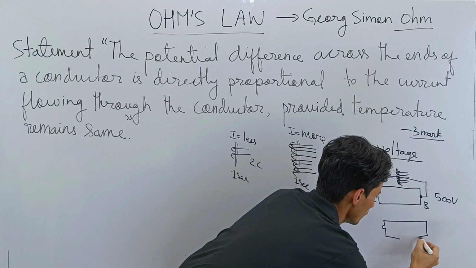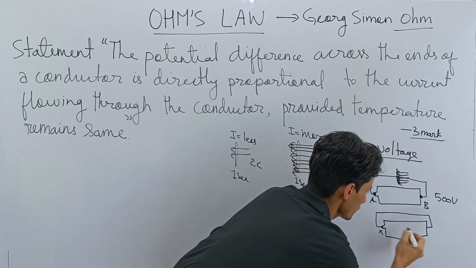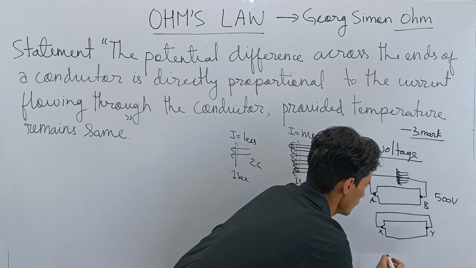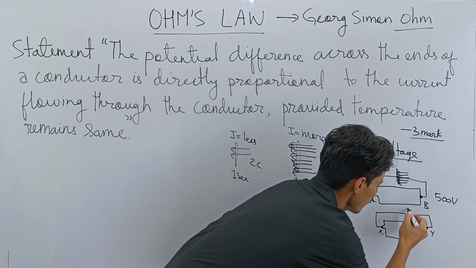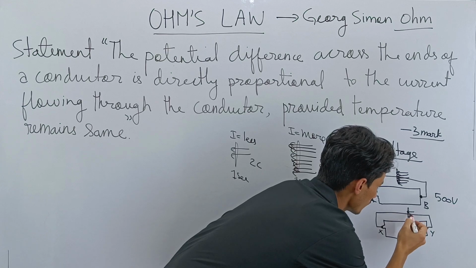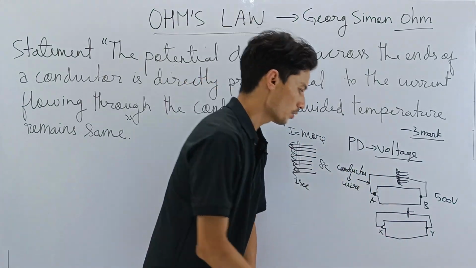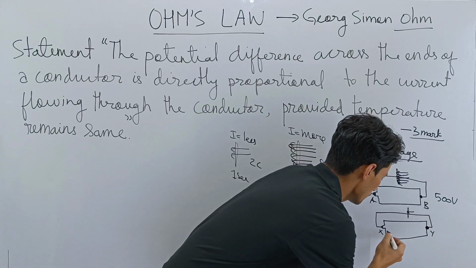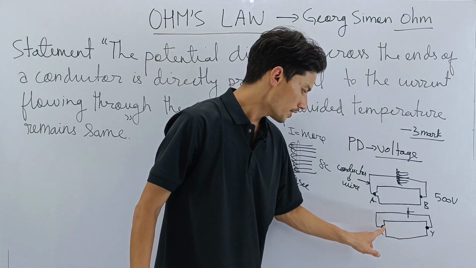let's make these points X and Y. This is the same battery. Here in the given second, only one charge is flowing through. Now what do you say about the potential difference across point X and point Y?